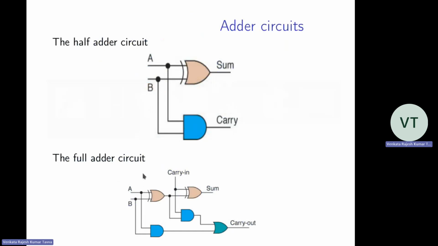So full adder circuit, it is necessary when we are adding 3 bits at a time. A and B are 2 inputs. Sometimes we need to add 3 inputs. Can you think of a case where we need to add 3 inputs? 3 bits at a time? A plus B plus C kind of a thing? When?